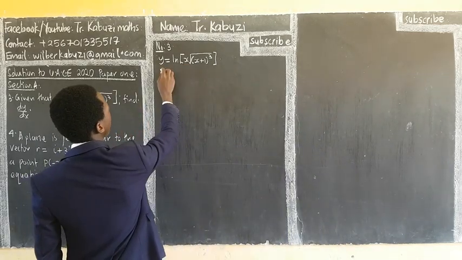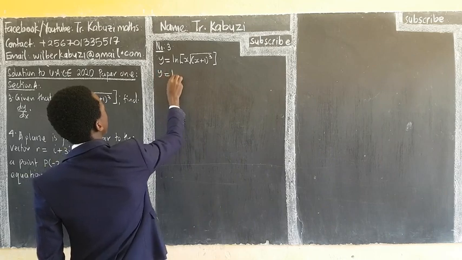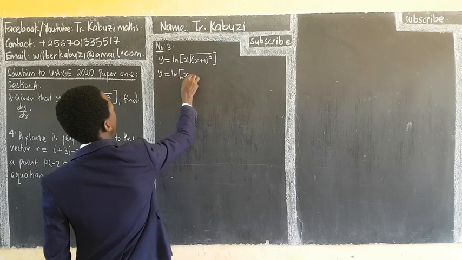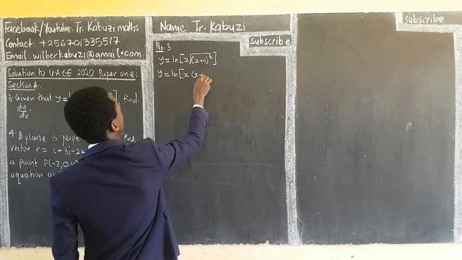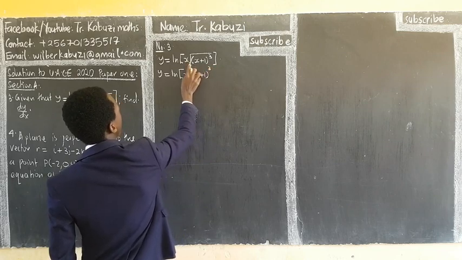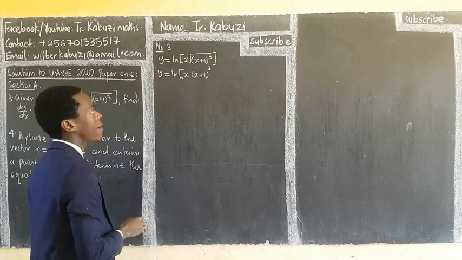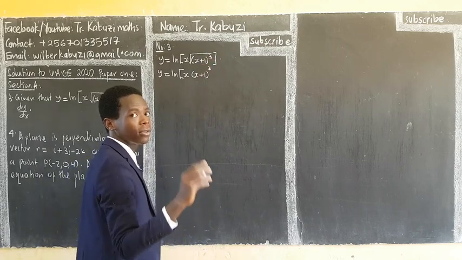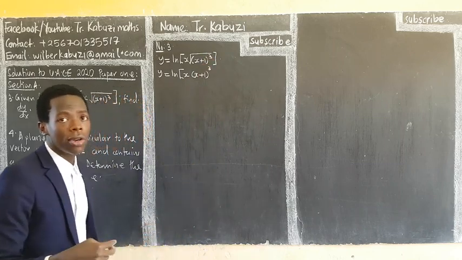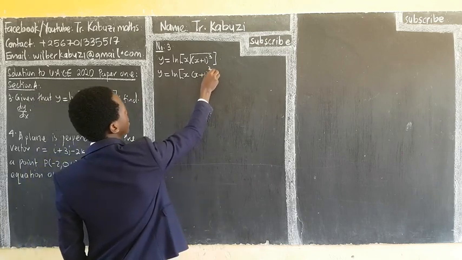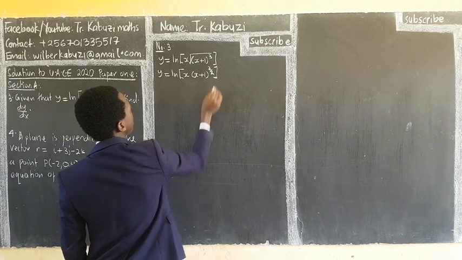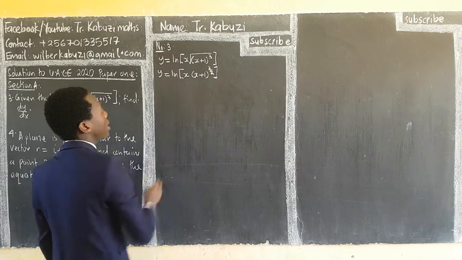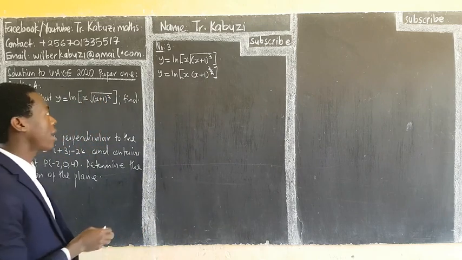If I'm to expand this, it is going to be y equal to natural log of x into (x plus 1) power 3. Remember this square root is the same as a half. So I'm going to put it as a half, but if you have functions with more than 2 powers, those 2 powers multiply. So this is the same as that. Now I'm going to apply properties of logarithms.